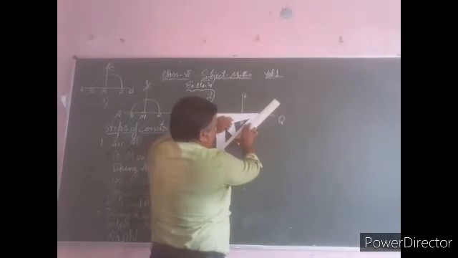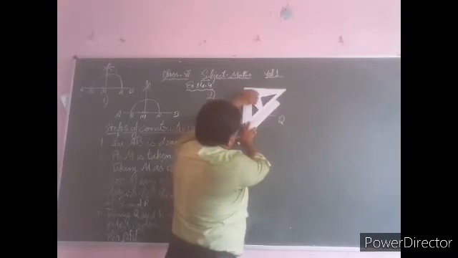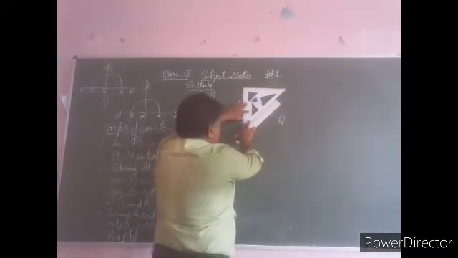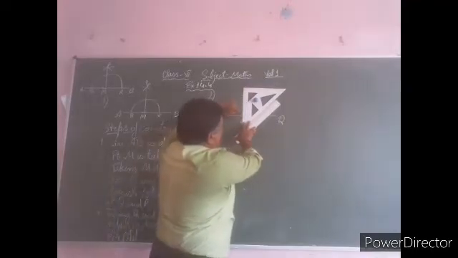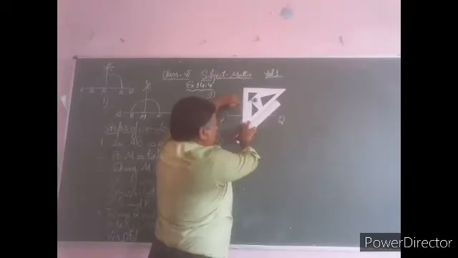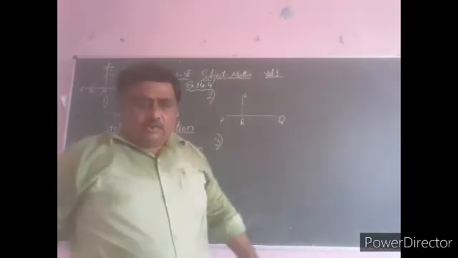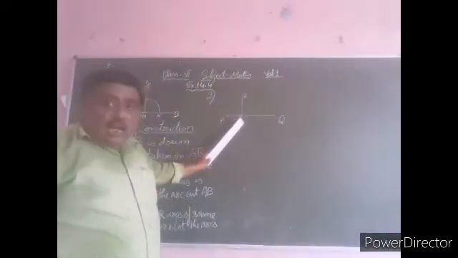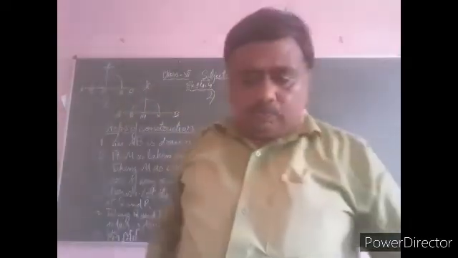Now move the set square in this way and stop it at point R. Draw the perpendicular. Let it be L. So LR is perpendicular to PQ.